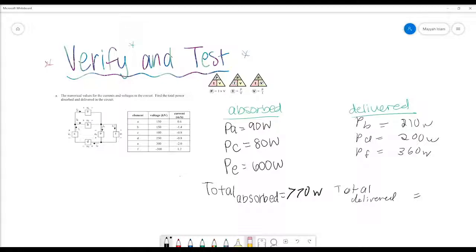And when you add all the power delivered values together, you get 770 watts. Because these are equal to each other, it makes sense that both equal 770 watts as the circuit is closed. The conservation of power tells us that absorbed and generated powers are equal, and our circuit shows this.